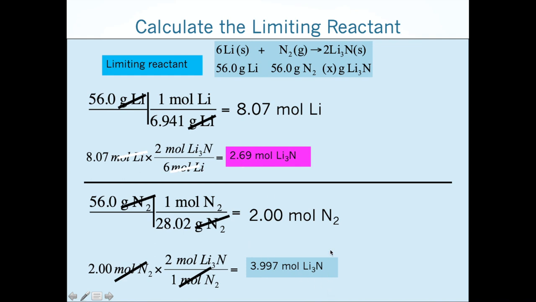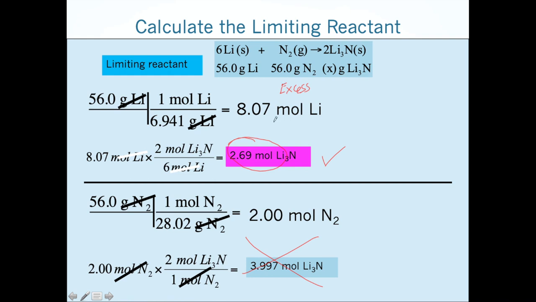You can ignore this answer for our nitrogen, because this is our limiting reactant, this is the one we're going to use to proceed with the problem. This answer here doesn't matter, because this is excess. So that's our excess reactant.